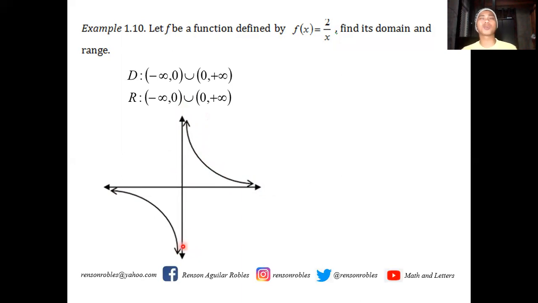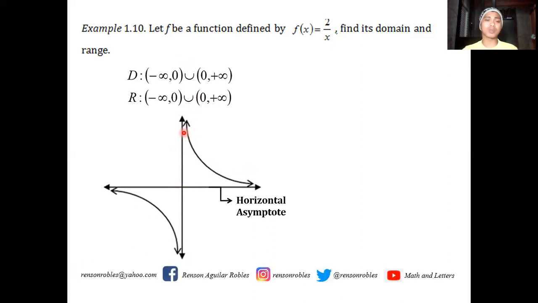When we say asymptotic, it means that the curve or the graph of that function will just go nearer and nearer to the x-axis, but will never touch the x-axis. So that is what I mean when I say asymptotic with respect to the x-axis. When it is asymptotic with respect to the y-axis, the curve gets nearer and nearer, closer and closer to the y-axis, but will never cross the y-axis.